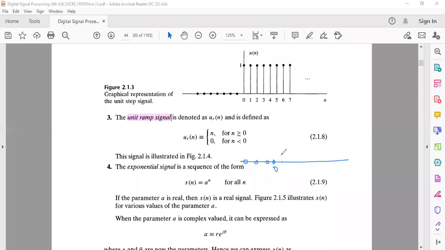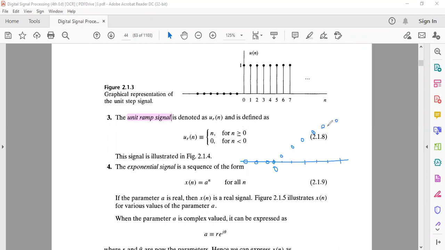At 1, it goes to 1. At 2, it becomes 2. At 3, it becomes 3. At 4, it goes to 4. At 5, it becomes 5. At 6, this becomes 6.